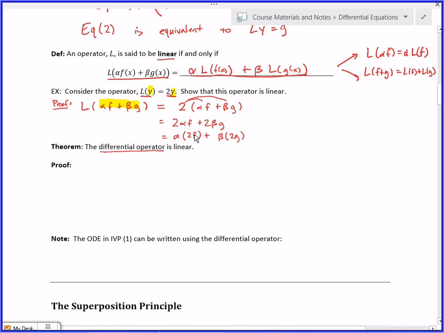And then 2 times f is the same thing as L of f, plus 2g is the same thing as L of g, back from the definition. Proved. L of alpha f plus beta g is alpha L of f plus beta L of g. So that particular operator is linear.